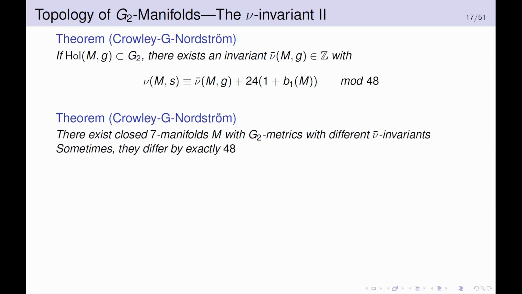But you don't know the diffeomorphism, you just know they're abstractly diffeomorphic, and then you also compute the new invariants and find out that they are different. So this is a very abstract result. I can't really draw you a picture of the 7-manifold and draw you a picture of one G2 metric and one of the other. That's, unfortunately, not possible.